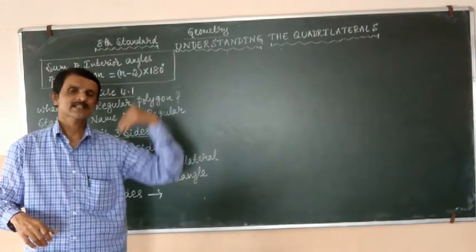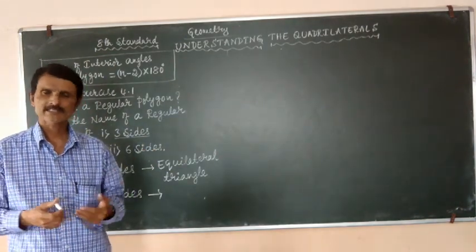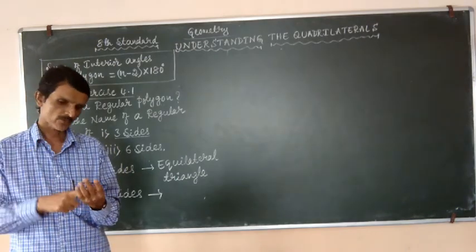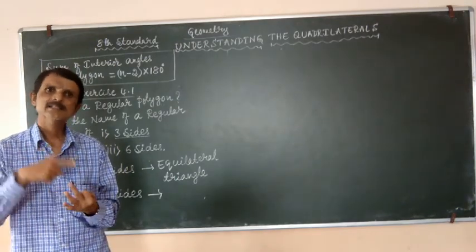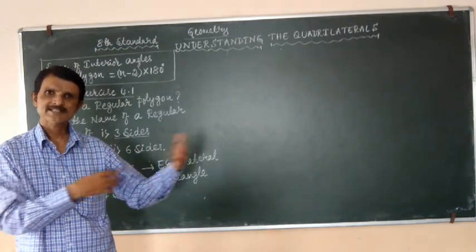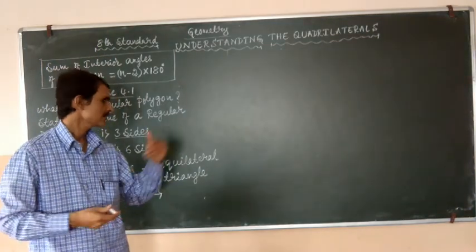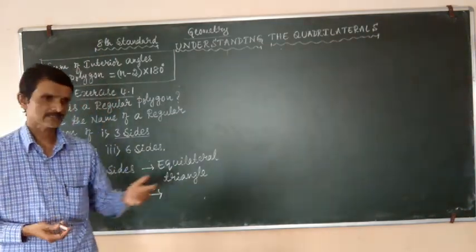In a quadrilateral, we know there are square, rectangle, trapezium, parallelogram, kite, etc. We will study these in the next part of this chapter.